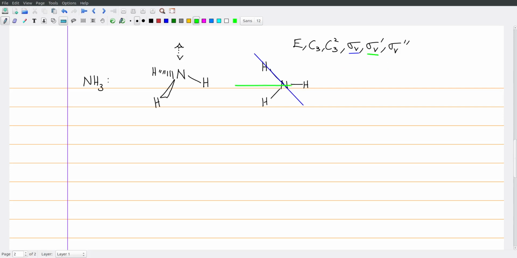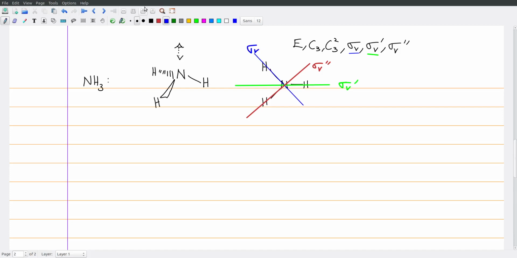Another one I'll make say blue, and this will be here. Good. And I'll call them sigma V double dash, sigma V dash, and sigma V.